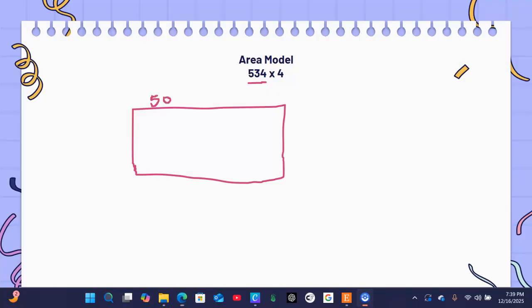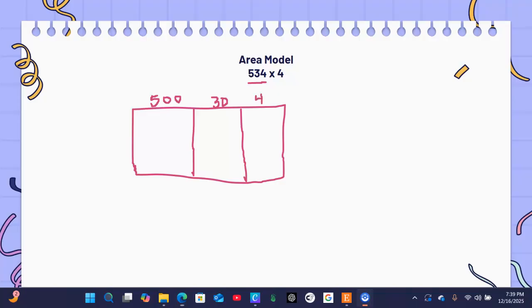So that's going to be written on our first box. Then we're going to separate it into three boxes since we know there's three units, three different factors that we're going to be using. So we have 30, and then we have 4.